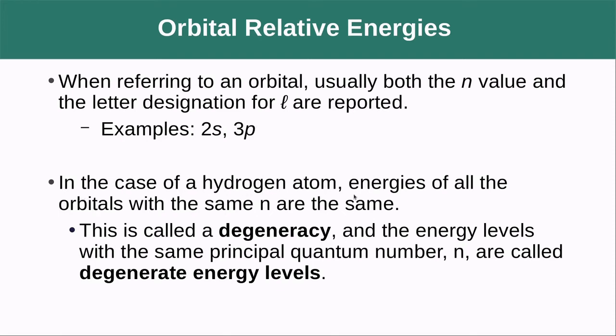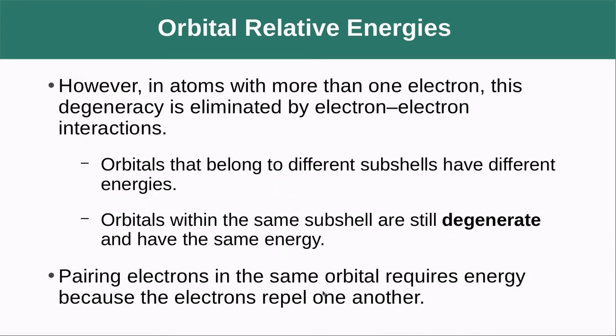In the case of the hydrogen atom, energies of all orbitals with the same n are the same. This is called a degeneracy, and the energy levels with the same principal quantum number n are all called degenerate energy levels. However, in atoms with more than one electron, this degeneracy is eliminated by electron-electron interactions.